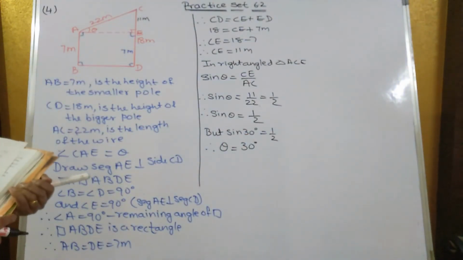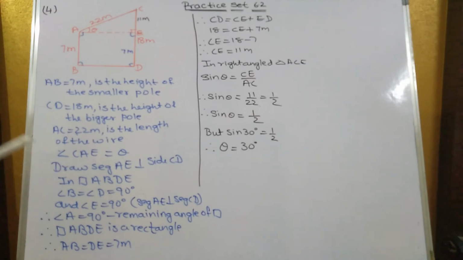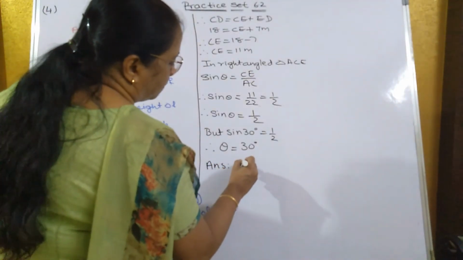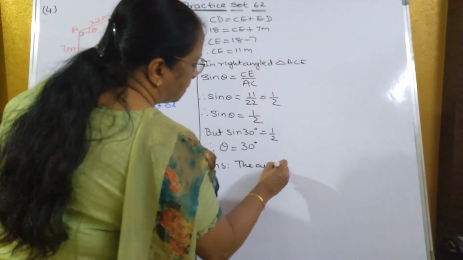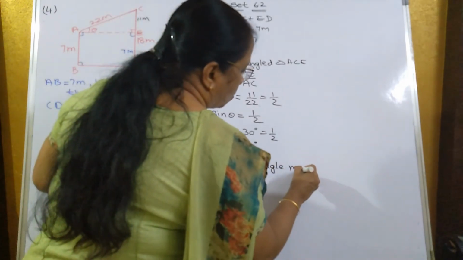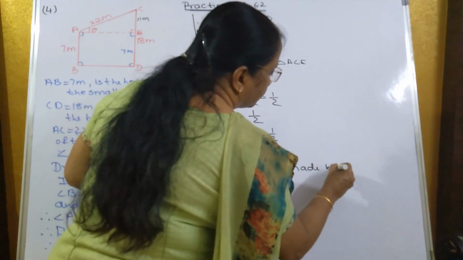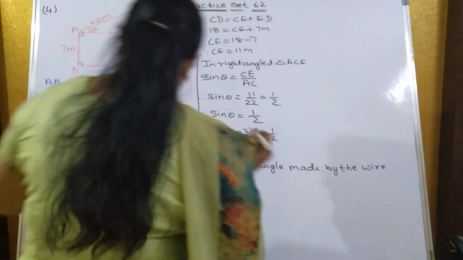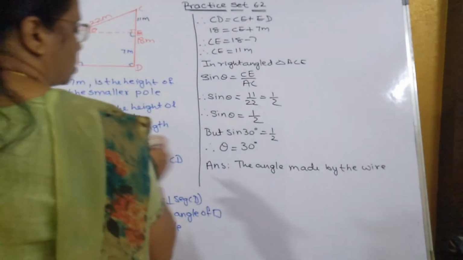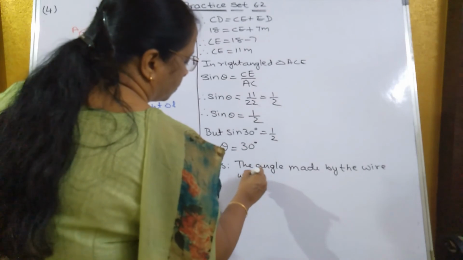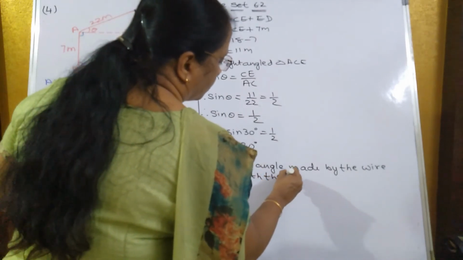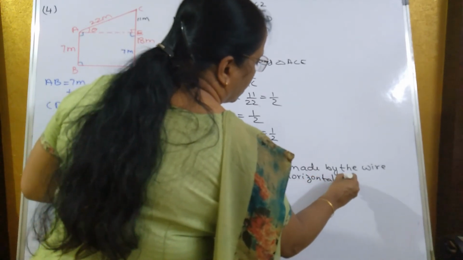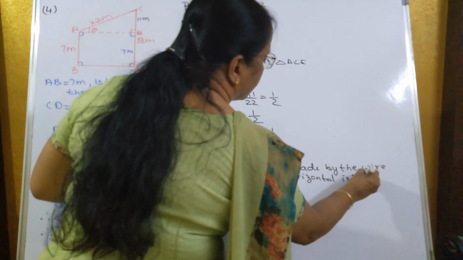So they have asked the angle made by the wire with the horizontal, is 30 degree.